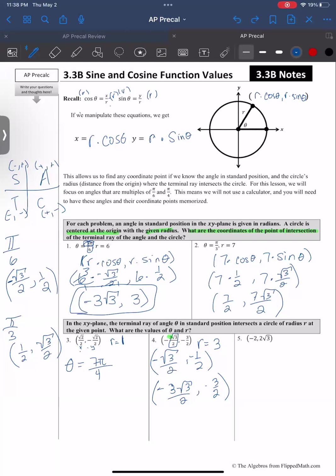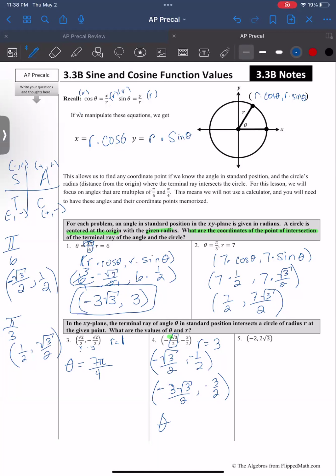Now I need to figure out my theta. So I'm looking at a pi over 6, okay? And pi over 6 reference angle in the unit circle in quadrant 3.